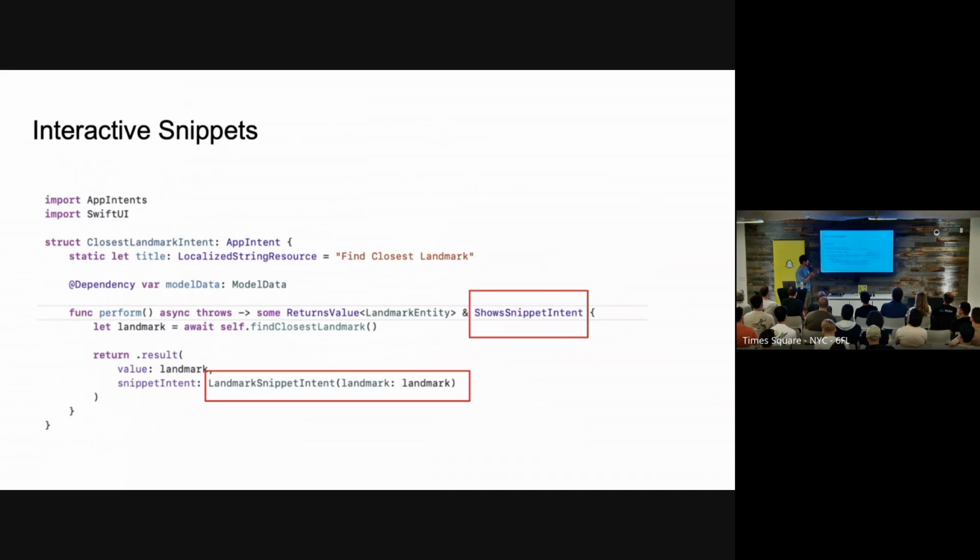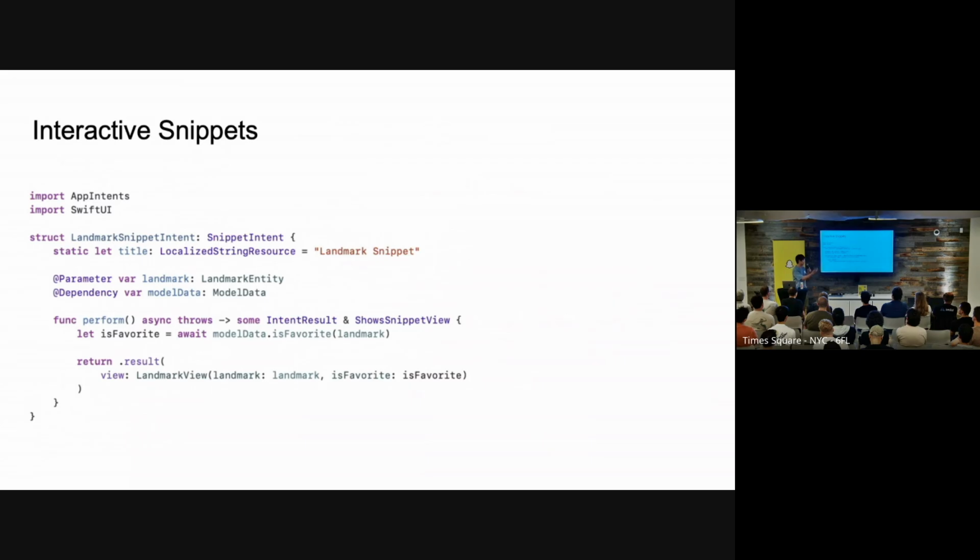First, you're going to start out with your app intent. But instead of returning a SwiftUI view, you're going to have your perform method return a snippet intent. Okay?